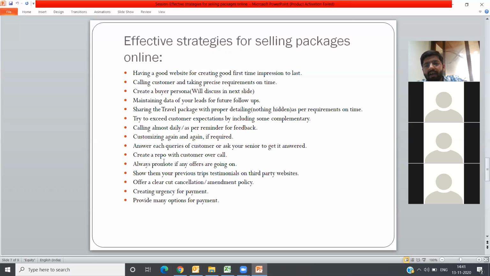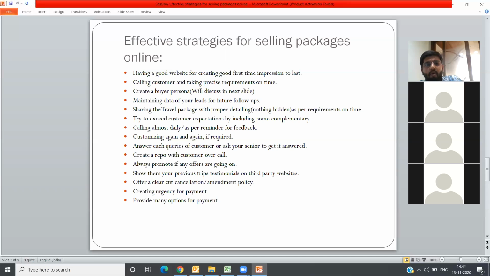Whomever I have talked to, customer or vendor, they always say you have a very soothing website, very good colors, very good images, and very good package content. We'll surely be improving with new package content, because right now the team is very small, so we have limitations and are not able to update newer packages. Still, a good first impression is created for the customer, so we are good in terms of that.